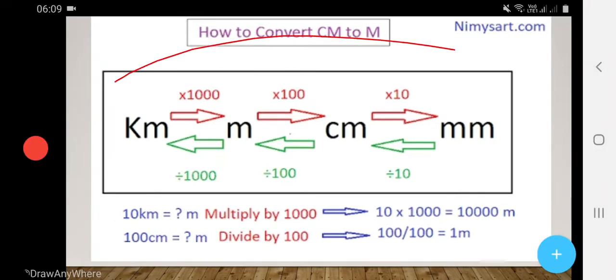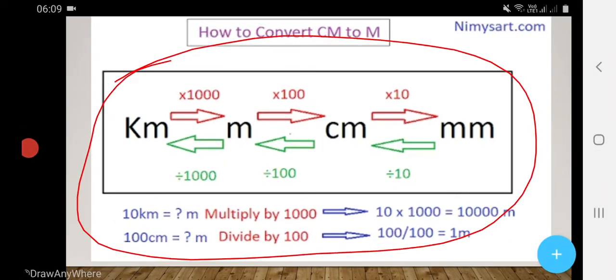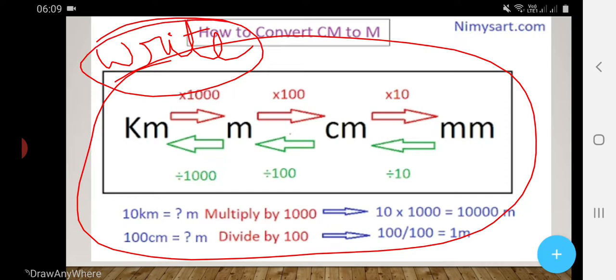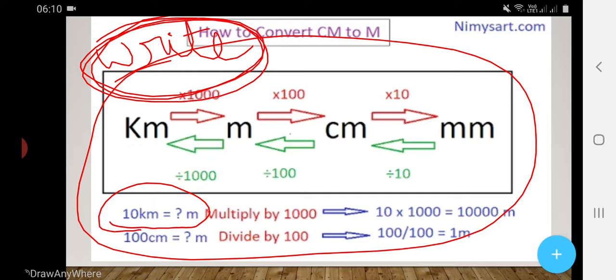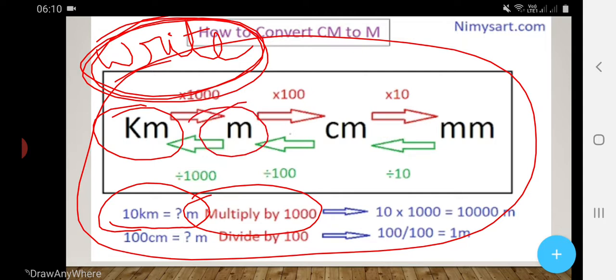And these also have to be written in your copy. I repeat, write everything. That is, 10 kilometre is equal to how much metre? Multiply it by 1000, because I have to convert kilometre to metre.